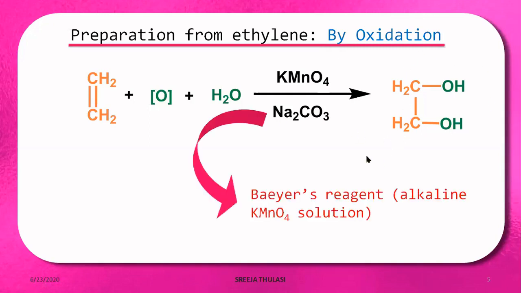And this dilute alkaline KMnO4 solution is known as Baeyer's reagent. So in the presence of Baeyer's reagent, nascent oxygen and water add on to the double bond to give ethylene glycol.